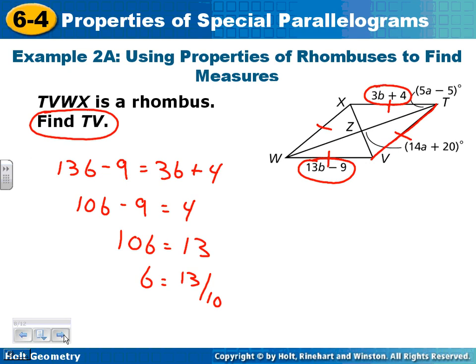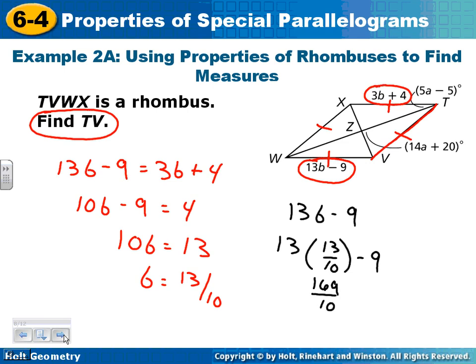So if I put that answer into 13b minus 9, I plug that fraction in, I have 13 times 13 tenths minus 9. Whatever that simplifies to.